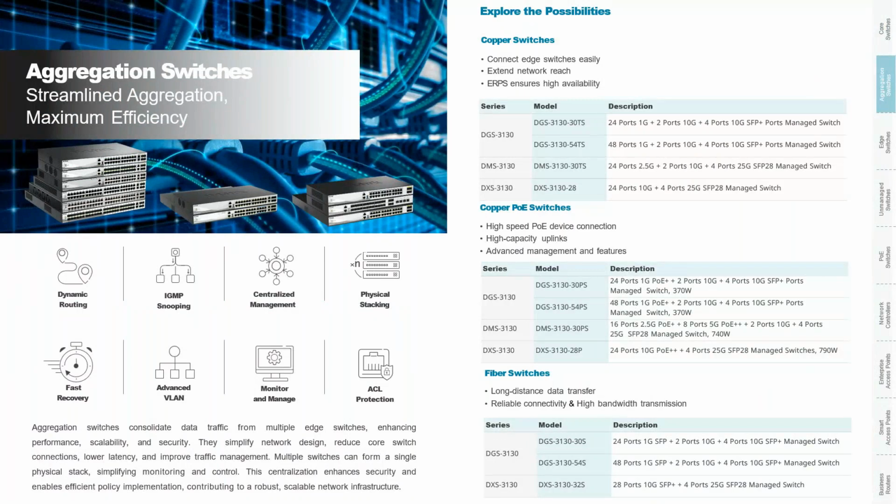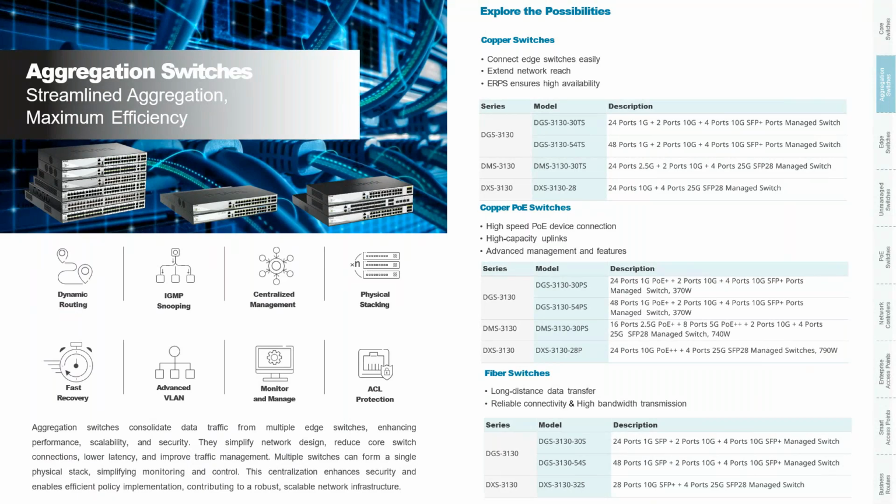The aggregation layer will sit underneath your core switch or your data center switch. Whereas the other ones will power the network, these are very important in making sure you get that power to the edge from the core in the best way possible.